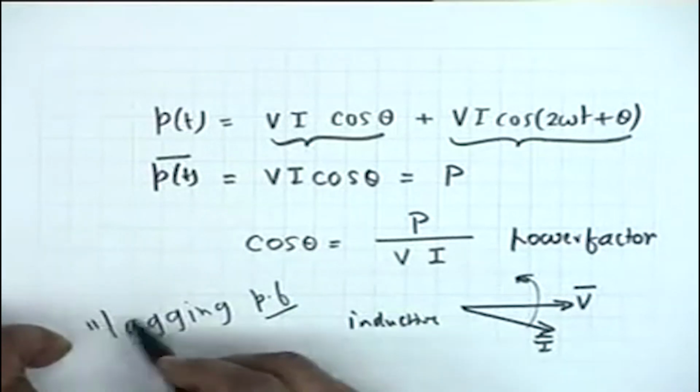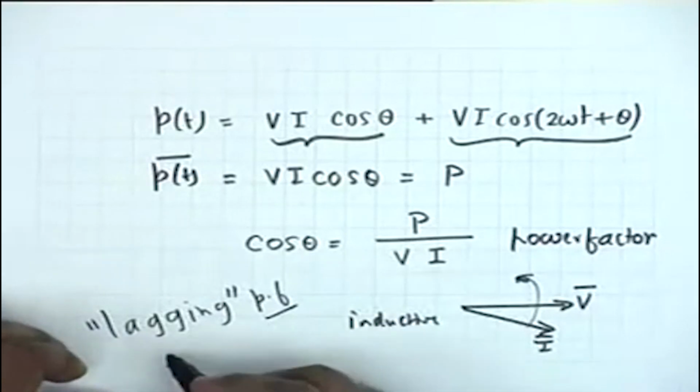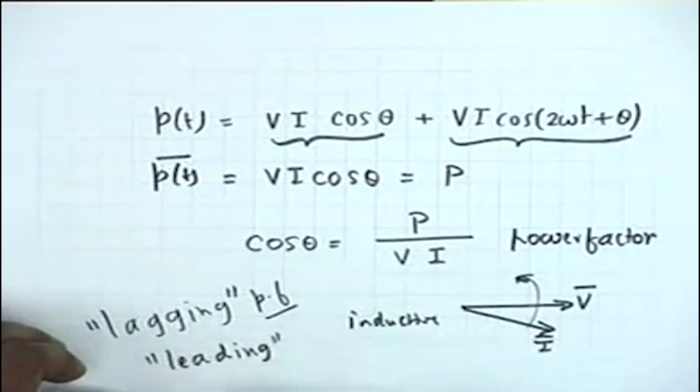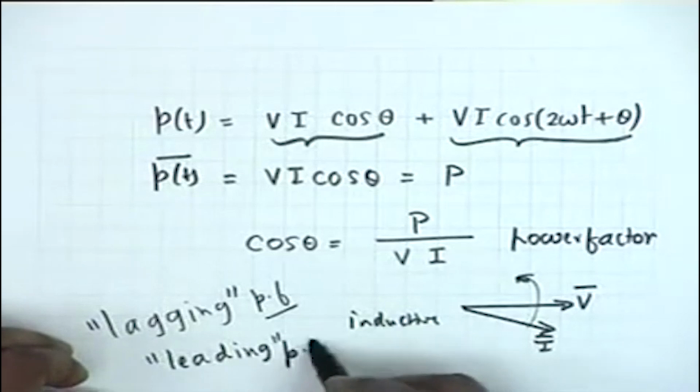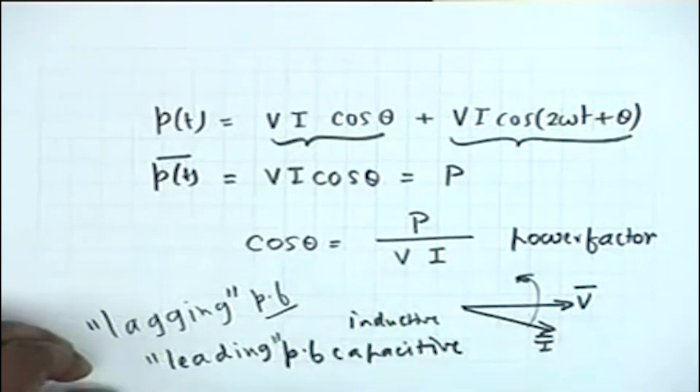The adjective lagging power factor is added if the circuit is inductive, and conversely the adjective leading is used for a capacitive circuit where the current leads the voltage. In a capacitive circuit the power factor is leading.